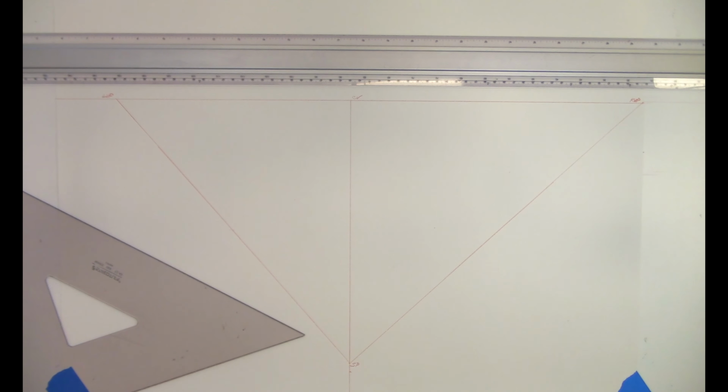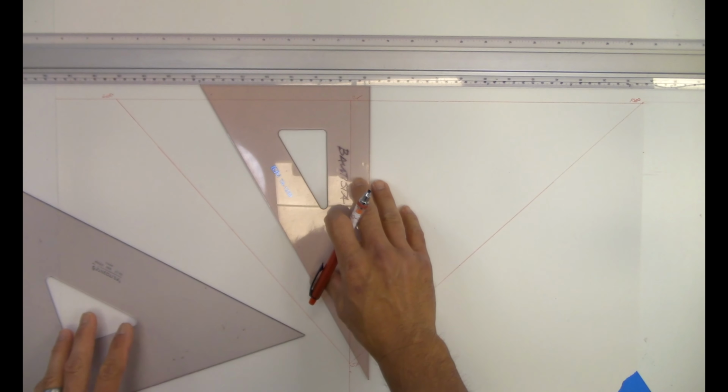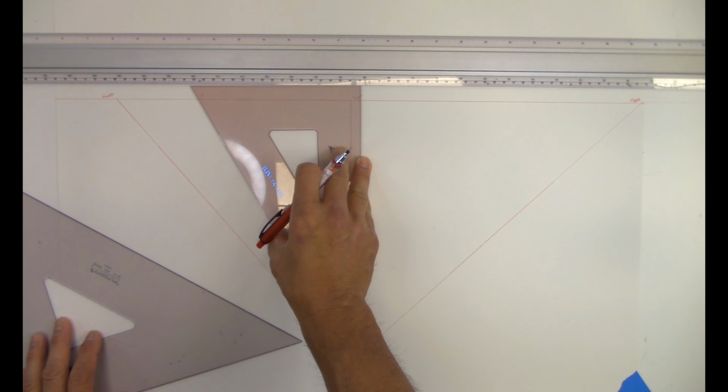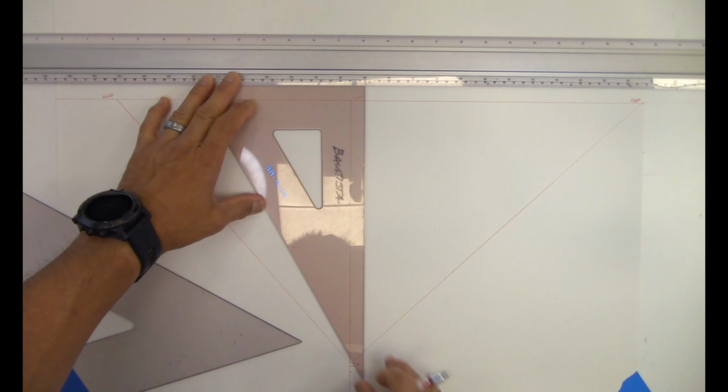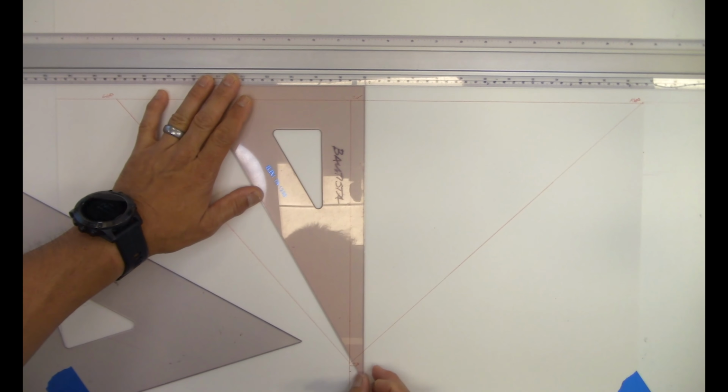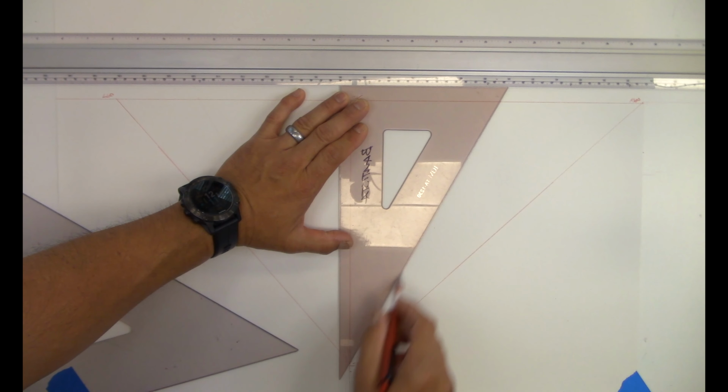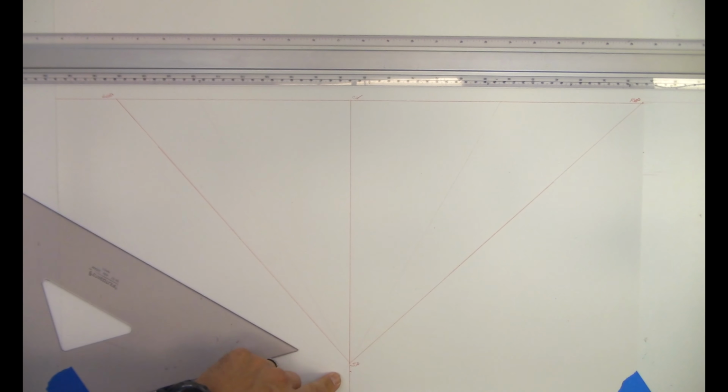Now, I will tell you that the cone of vision is small. And the reason why it's small is because we're using a fairly short distance for the station point.